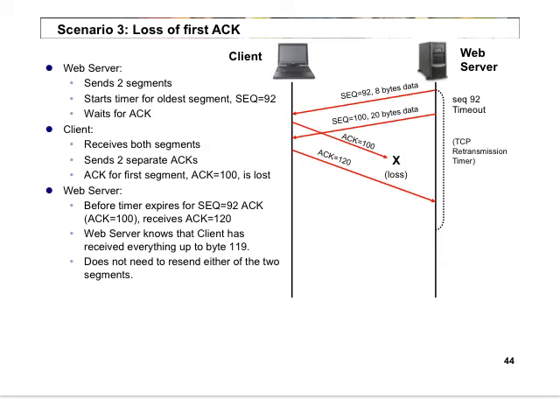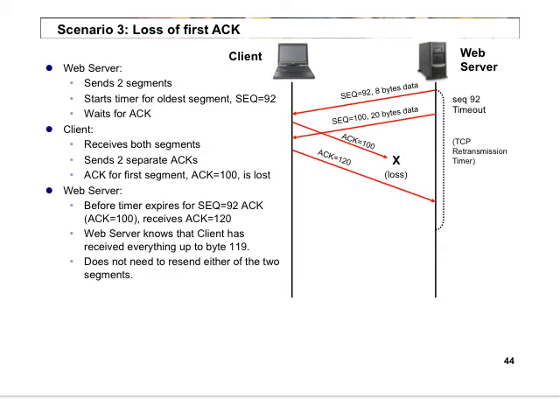And the next segment will be highlighted in the acknowledgement number. So this scenario talks about the fact that when we lose one acknowledgement, the following acknowledgement can supersede or override the last one.